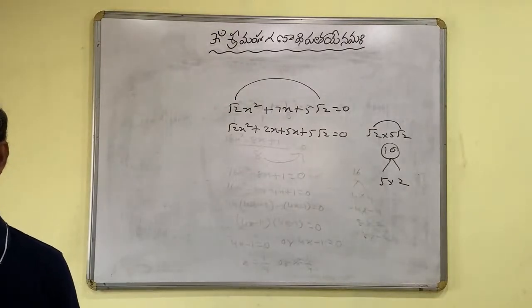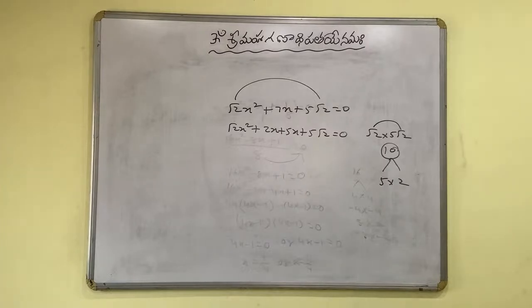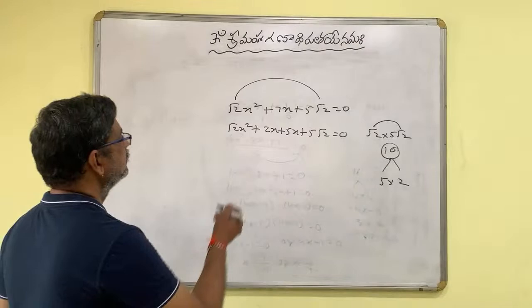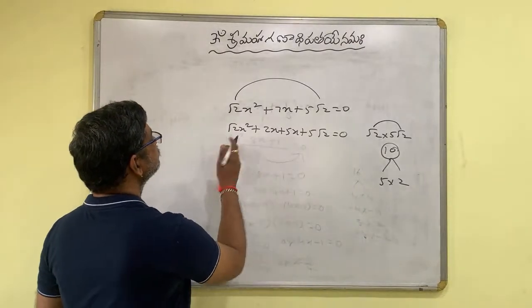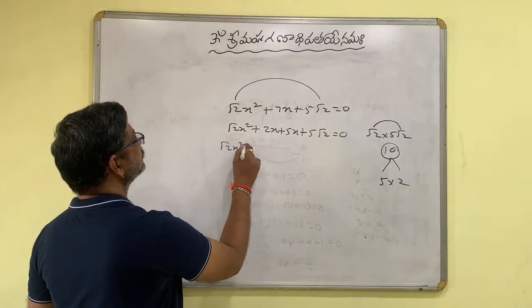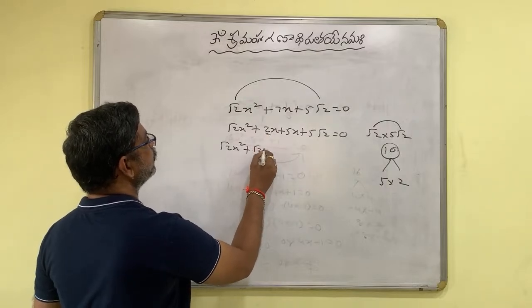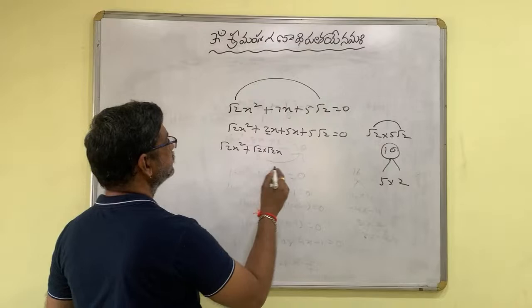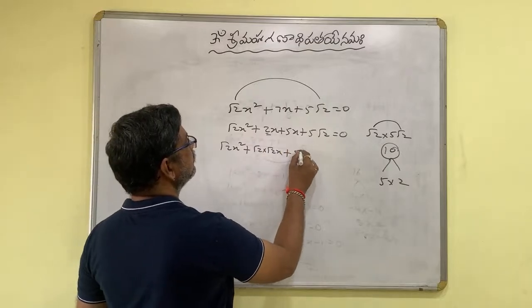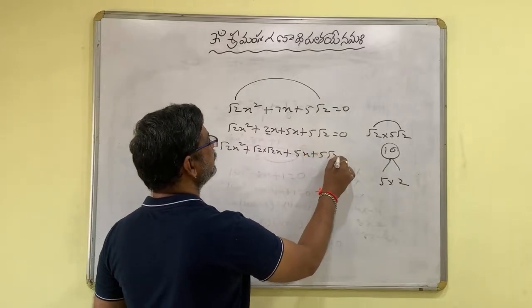√2x² plus 2x plus 5x plus 5√2 is equal to 0. Now, see what I am doing. In the first term, this 2x I will write as √2 into √2x, plus 5x plus 5√2 is equal to 0.